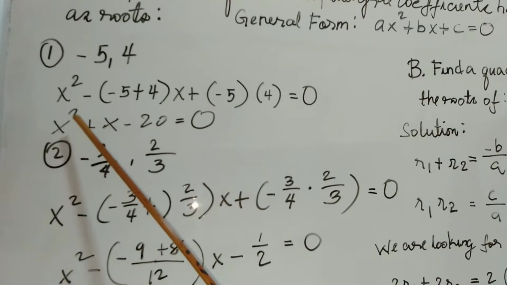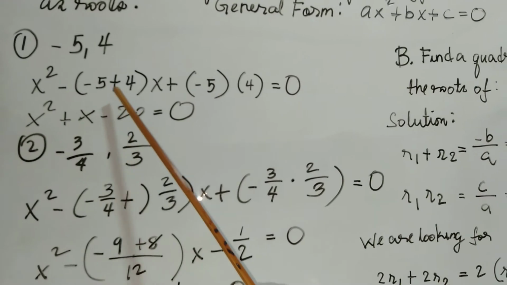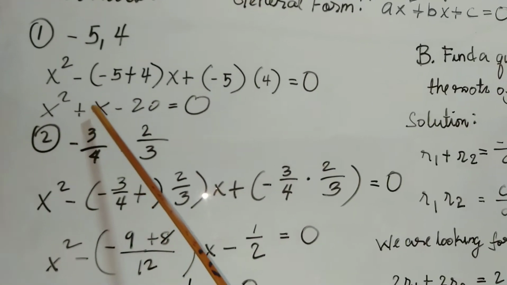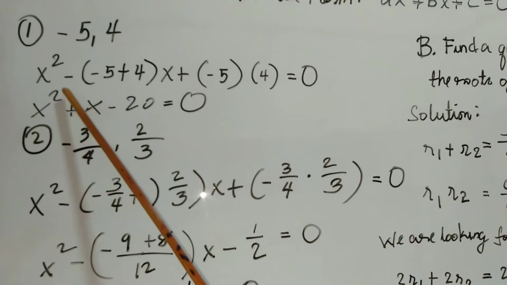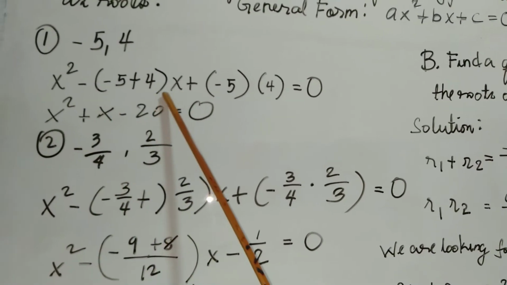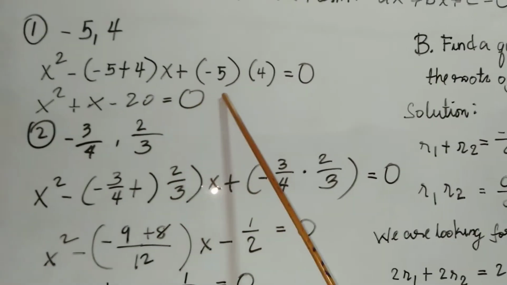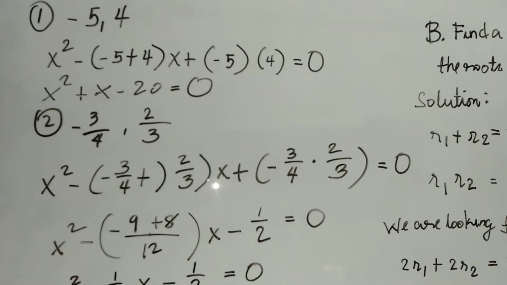Adding these coefficients for the second term, -5 plus 4 is -1, and negative of negative is positive x. And -5 times 4 is -20. So this will be our answer for problem number 1.